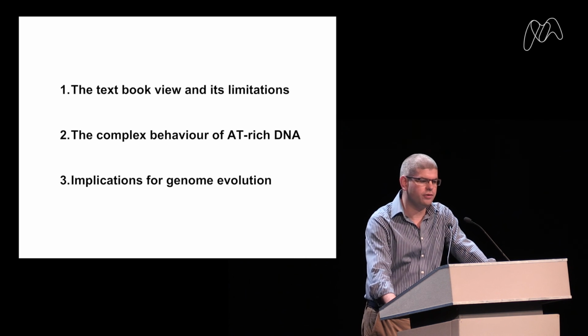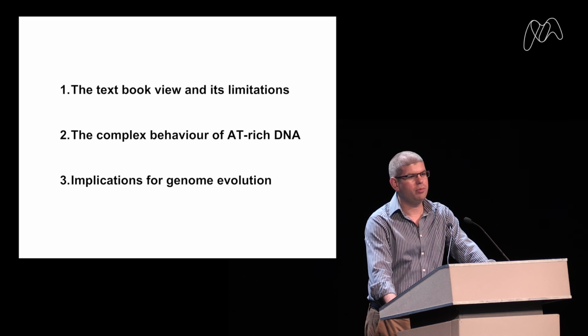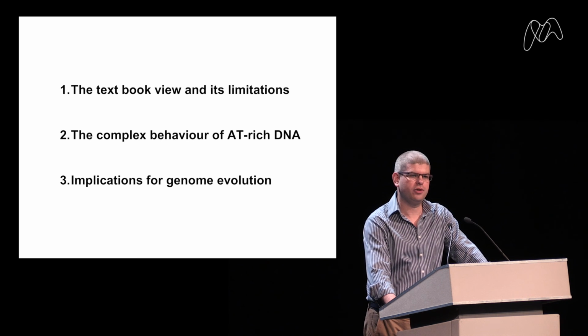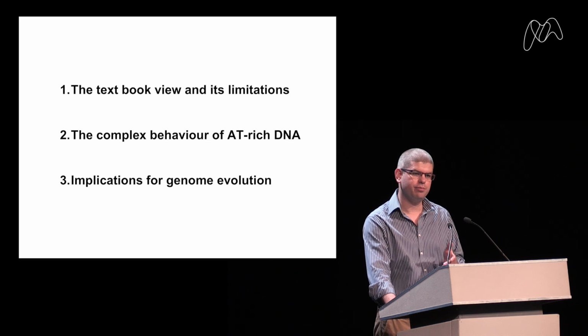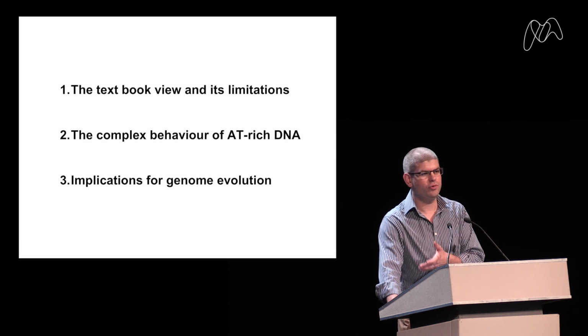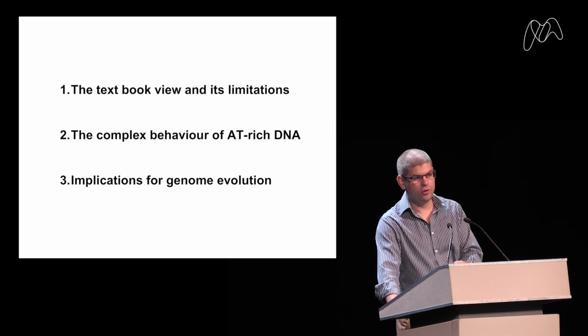In the second part of the talk, I'm going to show you that parts of bacterial genomes that have an elevated AT content are particularly prone to these spurious transcriptional events. As many of you will know, these AT-rich parts of bacterial genomes tend to be the parts that have been acquired horizontally.